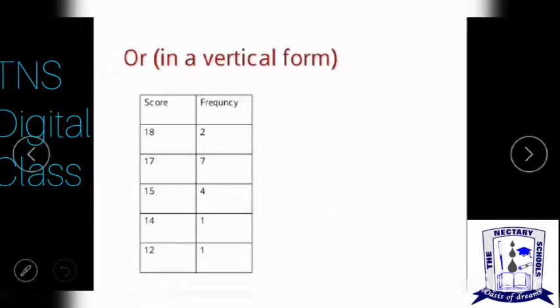If you want to represent it in a vertical form, it is still the same. Your score, your frequency: 18, 2, 17, 7, 15, 4, 14, 1, 12, 1. That is a frequency table.